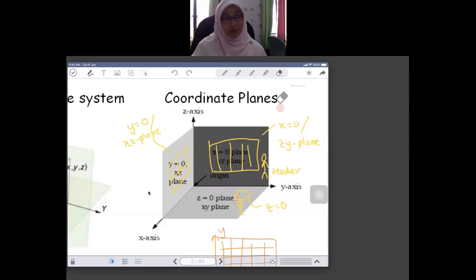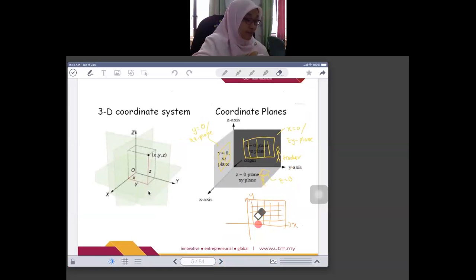So one of them, maybe they will say sketch the wedge of the given functions and also coordinate planes. I'm afraid that if you don't understand what coordinate planes mean, you are unable to sketch. So this is very important. This term, coordinate planes, is very important. So hopefully you understand that.